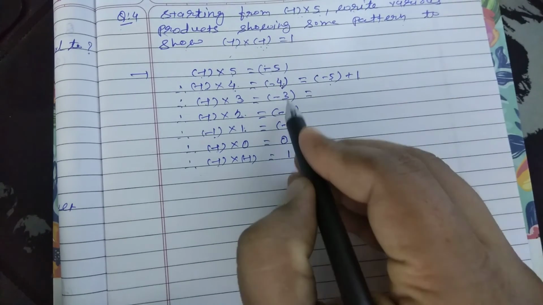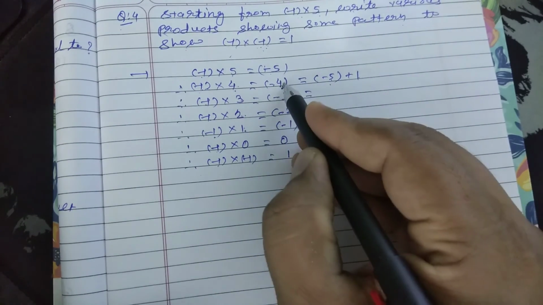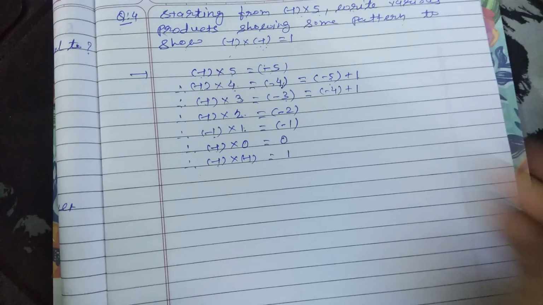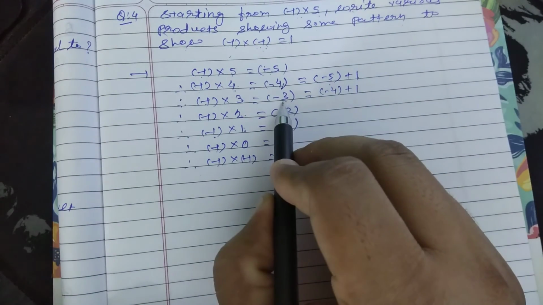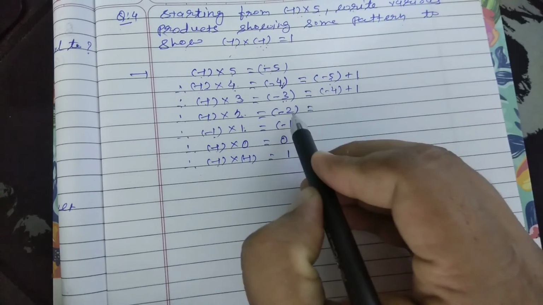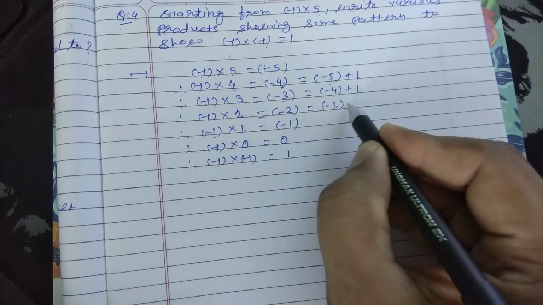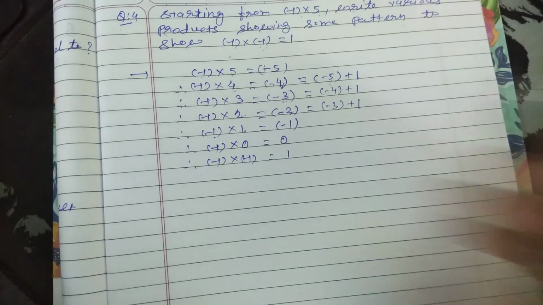Same way, in minus 3, its above solution is minus 4. In minus 4, when you add plus 1, you get minus 3. Same way for minus 2, the above answer is minus 3, and in minus 3, when you add 1, you get minus 2.